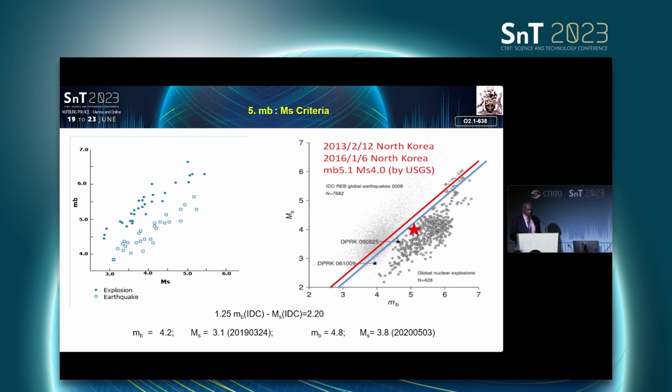That's the formula in the IDC. For an explosion, MB has to be greater than MS. And you can see here for both of these events, which I'm using as an example, the MB is greater than MS. So do we stop and rule them as anthropogenic, or what do we do next? Next one.